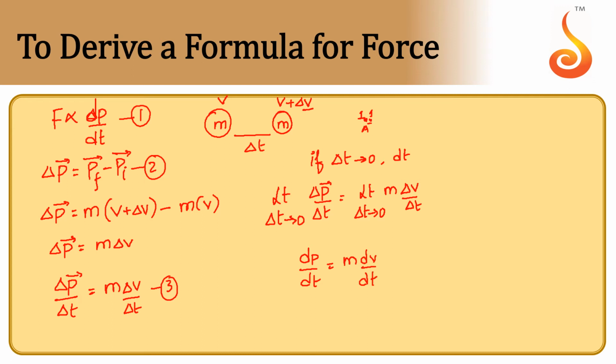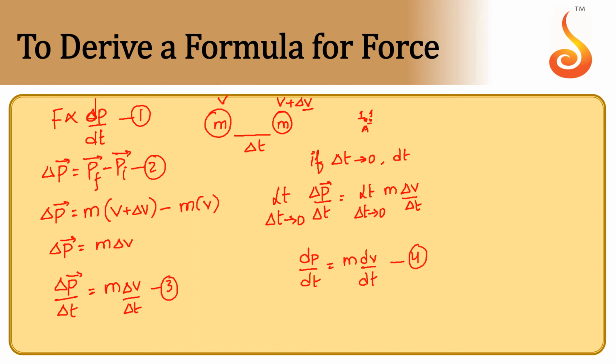What does it mean? A small change in momentum with respect to small change in time, where small d represents the infinitesimally small change, is equal to mass times small change in velocity with respect to small change in time. Let it be equation 4.